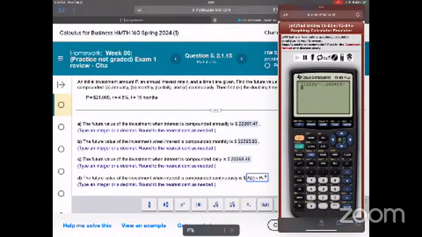Okay. So we're using PERT. That looks better. 22,... 9857.